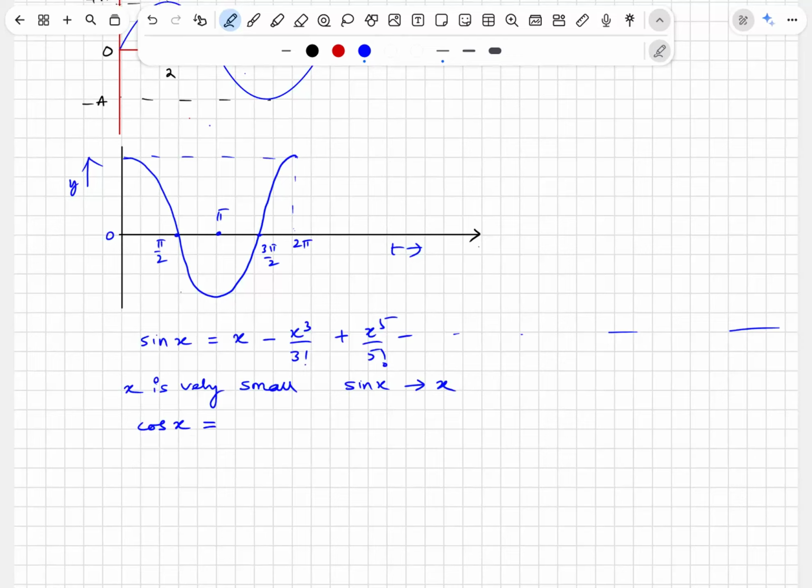Cos x expansion contains evens, whereas sine contains odds. That is the reason why when x is very small, cos x tends to 1.